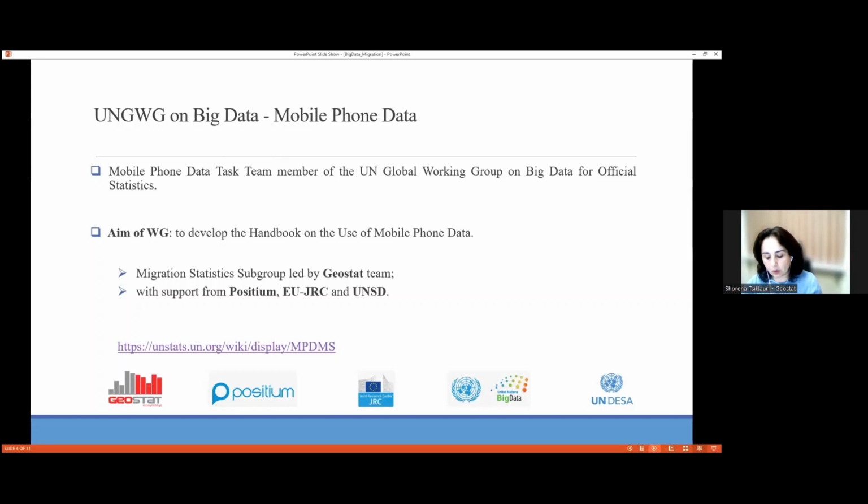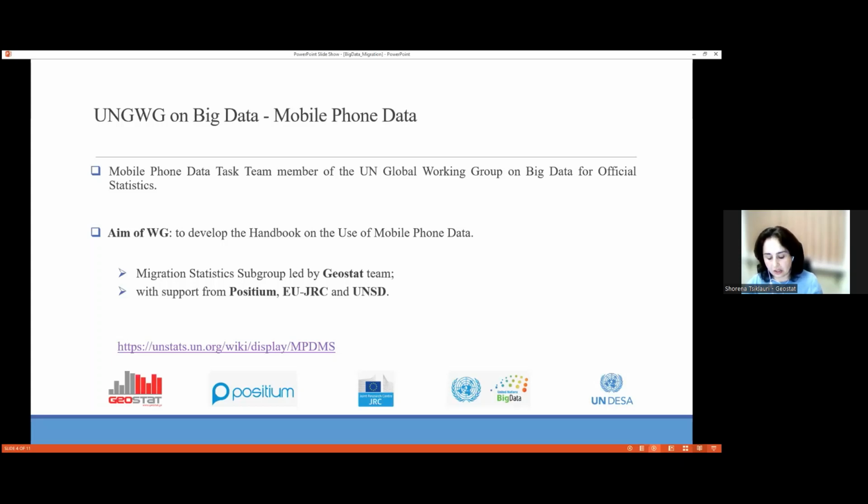The handbook on migration statistics has been prepared by the MPD task team led by Geostat with support from Prosidium, EU Joint Research Center, and UNSD. The handbook aims to inform users about the opportunities of using MPD to produce migration statistics. It represents information on the data sources, concept definitions, data processing algorithms, and quality assurance.